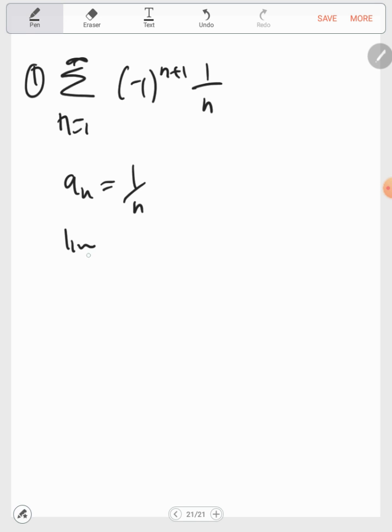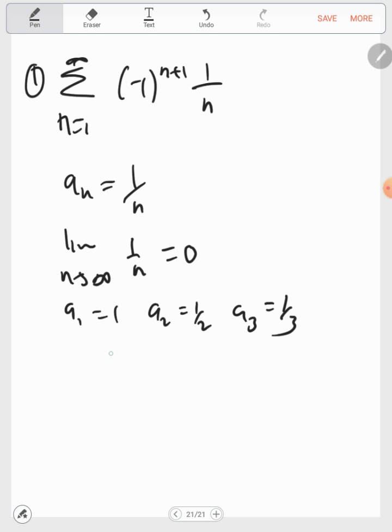Now let's find the limit as n goes to infinity of 1 over n. We know this is 0. Okay, so the second condition is satisfied. Now we just have to check whether it's decreasing or not. A1 is just 1, A2 is 1 over 2, A3 is 1 over 3. So we see this case, and that means that our series is convergent by the alternating series test.